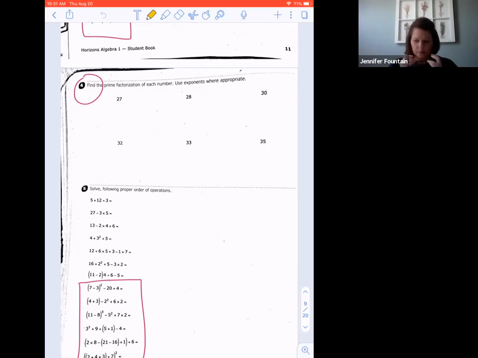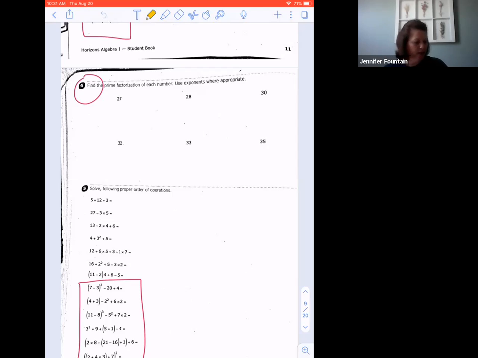All righty. And then we had activities 5, the bottom 6 problems. Here she comes. Okay, so on what page did I say?